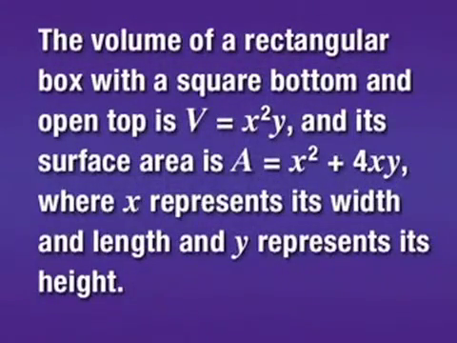The volume of a rectangular box with a square bottom and open top is V equals x squared y, and its surface area is A equals x squared plus 4xy, where x represents its width and length, and y represents its height.